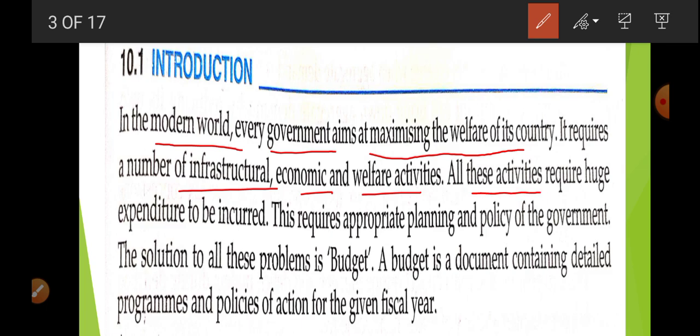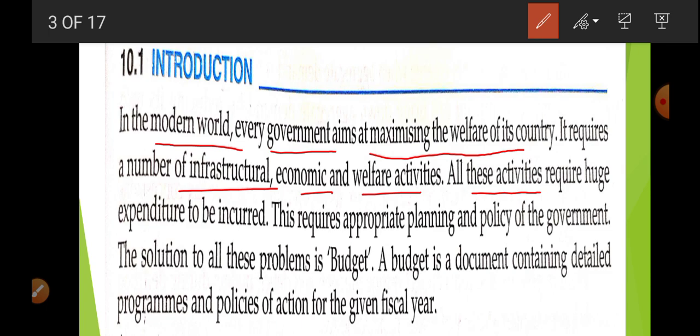Infrastructure means providing roads, power, electricity, communication facilities, education, organizations, institutions. And economic means manufacturing sector and tertiary sector. If there is social and economic infrastructure in the economy, no doubt there will be progress in the economy. But these require huge investment.